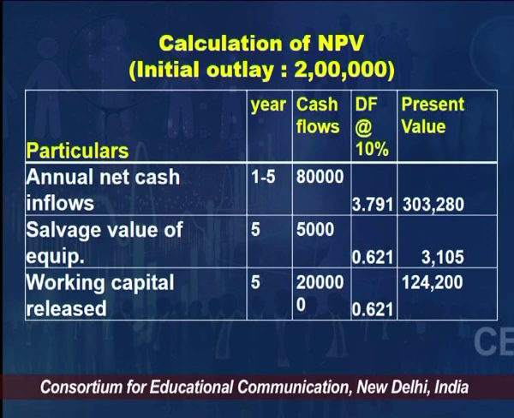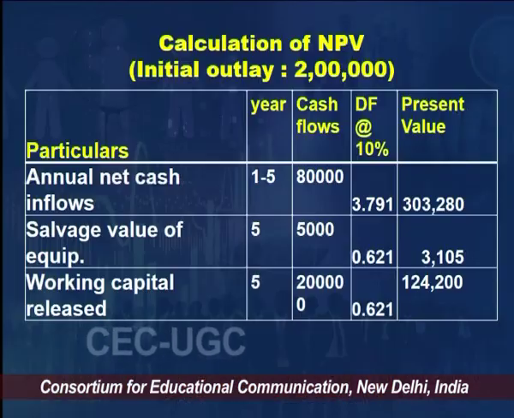So, the second cash inflow which is happening 5 years from now is 5,000. So, how would you discount it? Just think about it. In the previous one which I just explained, 80,000 was happening year on year, and it was an annuity, and that is why we used a factor from the annuity table, 3.791.